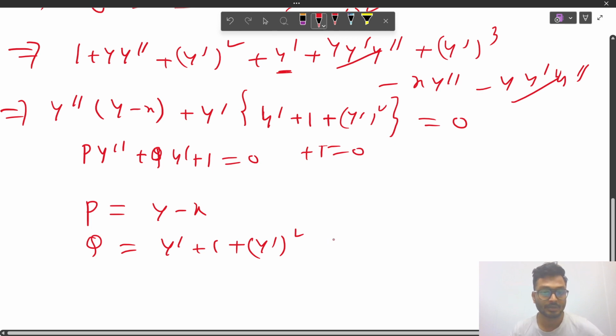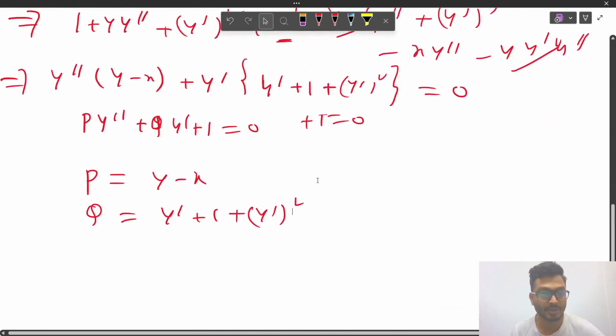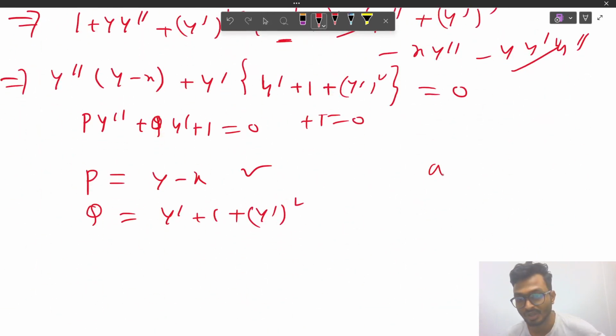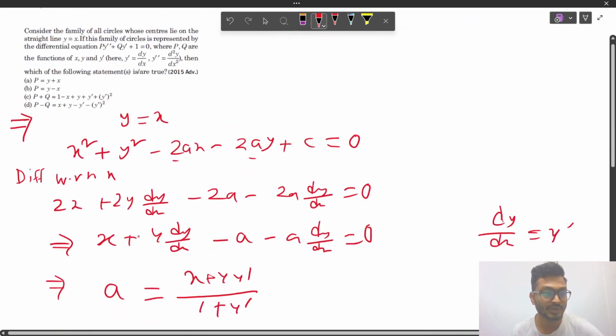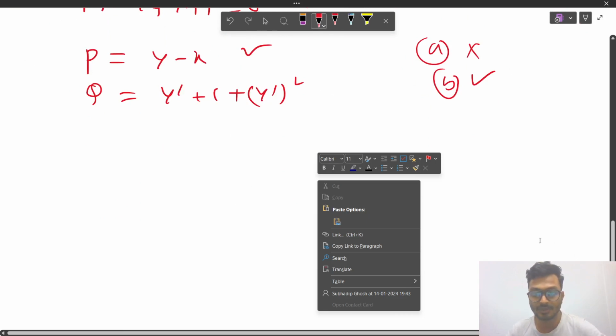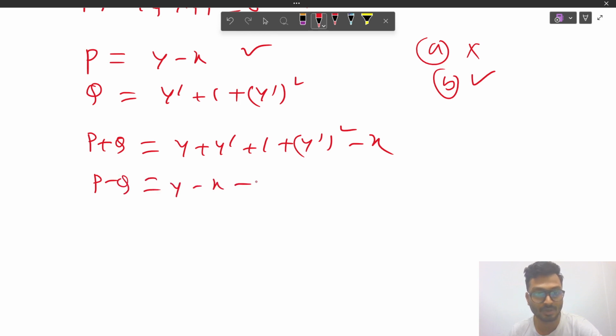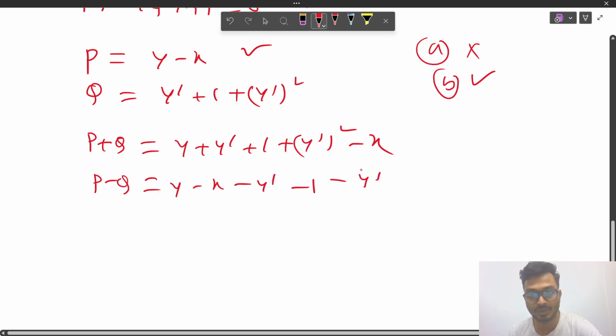Now let us check the options. p is y plus x or y minus x, which is correct? y minus x, so a is not correct, b is correct. Again we have to find p plus q and p minus q. So p plus q equals y plus y dash plus 1 plus y dash square minus x, and p minus q will be y minus x minus y dash minus 1 minus y dash whole square.